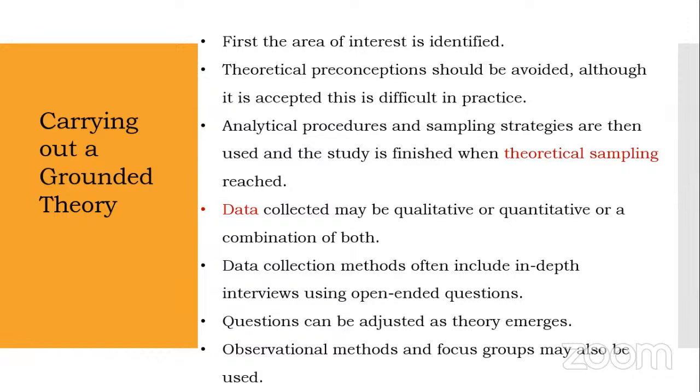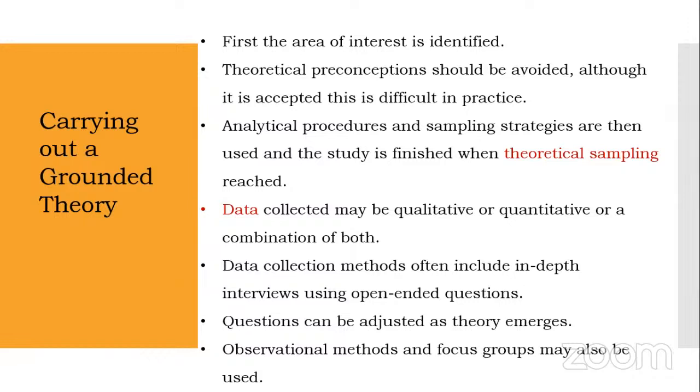Right at the beginning I mentioned that in grounded theory research we do data collection and analysis simultaneously. These are not subsequent steps that we follow. We keep on doing this simultaneously until theoretical sampling is reached. I will shortly explain how it is done.